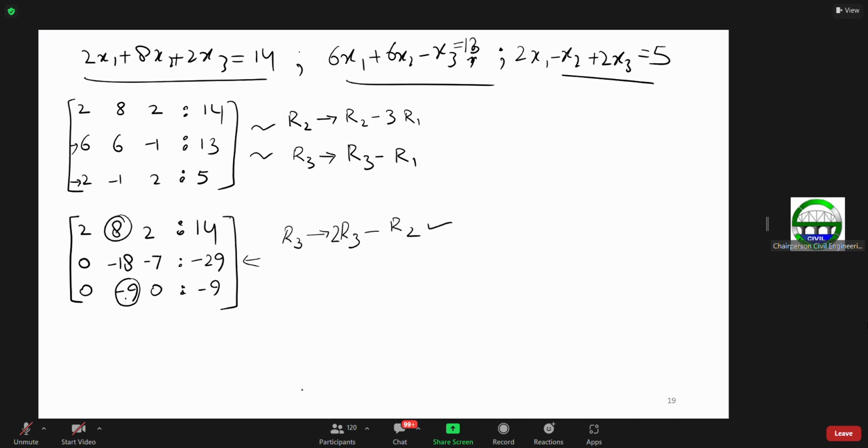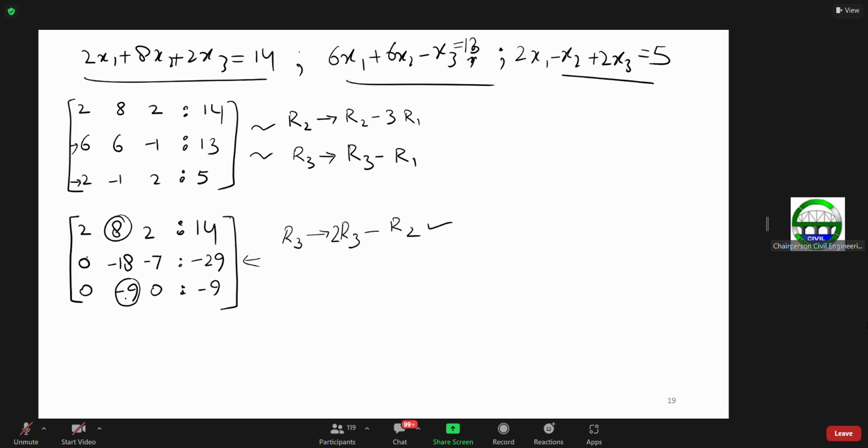And for this one, if I want to make it 0, how am I going to do it?